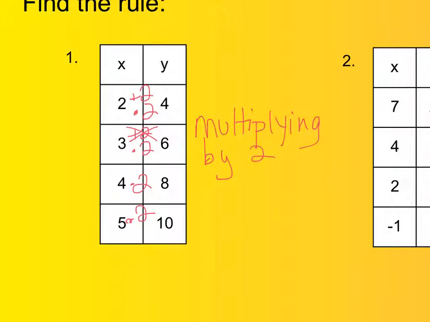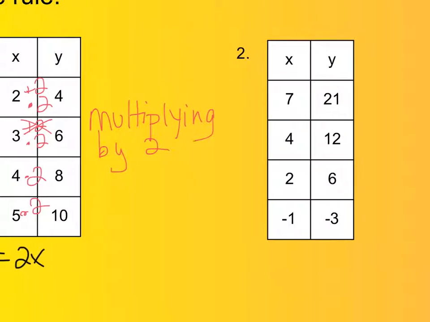So I'm taking every x, multiplying it by 2 to get to y. So when I write that, I'm going to write it as y equals 2 times my x. And there's the rule.